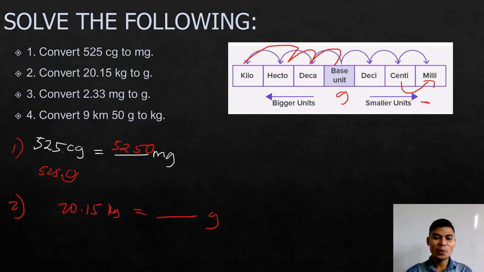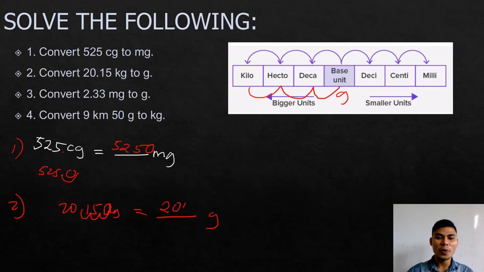Ano ba ako? To the right. Mabuti na lang may nag-correction sa akin sa mga viewers. So, 1, 2, 3 to the right. Lagyan ng 0 kasi kasama siya. So, 20,150 grams. Ganyan na ganyan lang po.